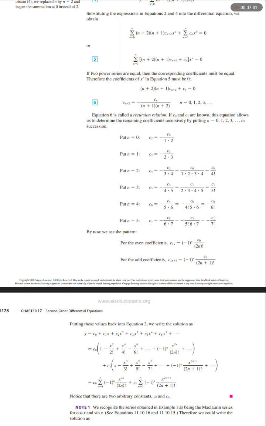C sub 6 equals negative c sub 4 over 5 times 6 equals negative c sub naught over 4 factorial times 5 times 6 equals negative c sub naught over 6 factorial. Put n equals 5. C sub 7 equals negative c sub 5 over 6 times 7 equals negative c sub 1 over 5 factorial times 6 times 7 equals negative c sub 1 over 7 factorial.